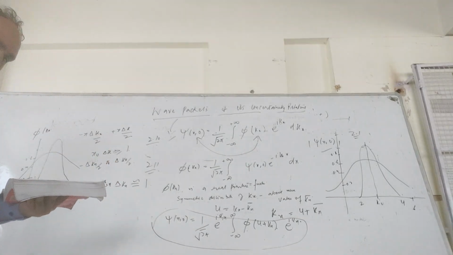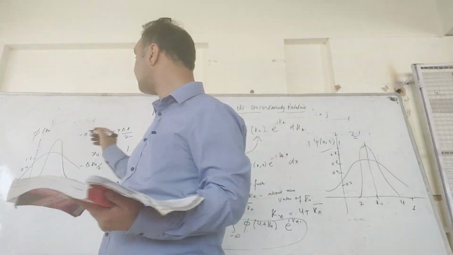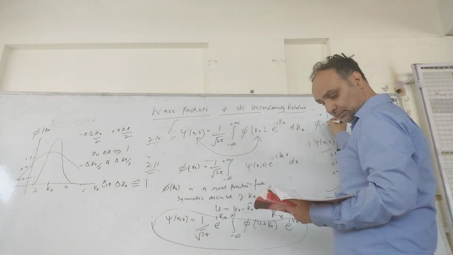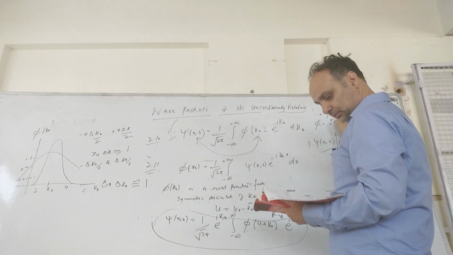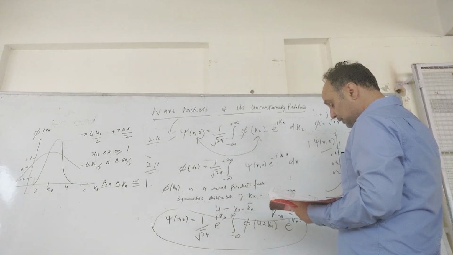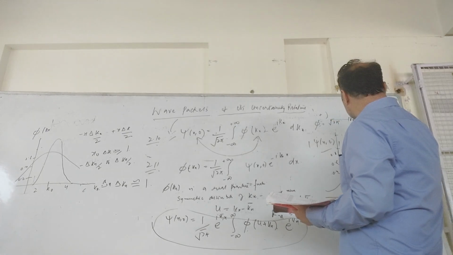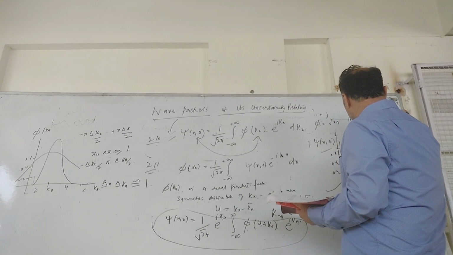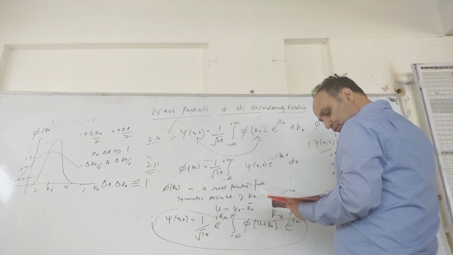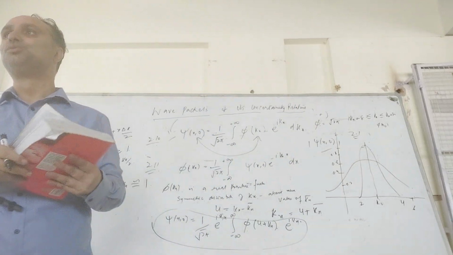I'm only stating the stub. The example is that if phi is this, and kx minus delta is less than kx is less than kx plus delta, and phi x is 0, calculate psi x and plot psi x of 0.